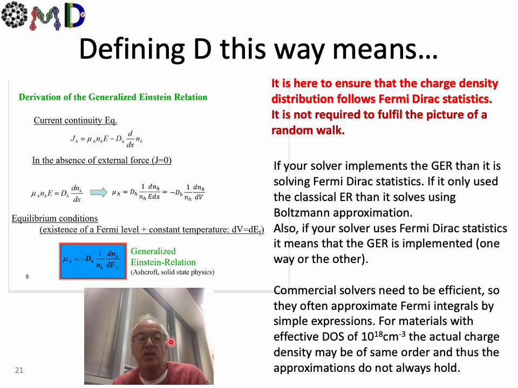The thing to look out for is that commercial solvers, as it says here, need to be efficient. So there is also some kind of approximation. Some of them develop the approximations for silicon, where the effective density of states is very high, definitely much higher than gallium arsenide or perovskites, and their approximations are not always good enough.